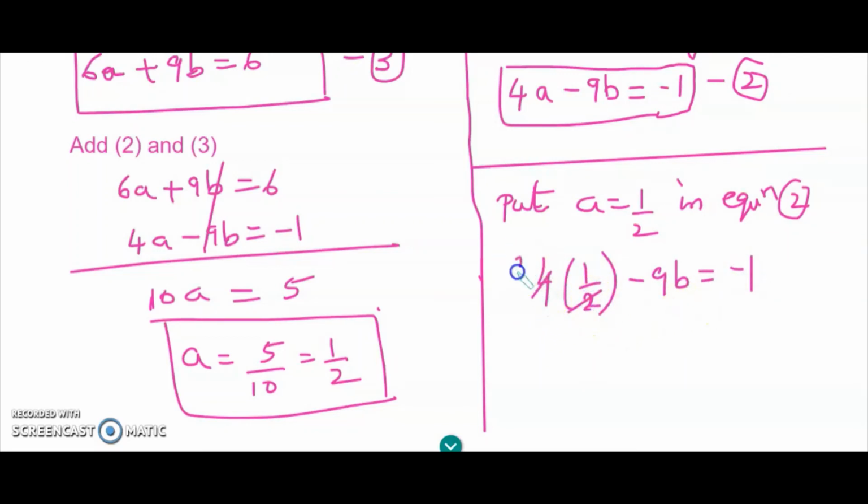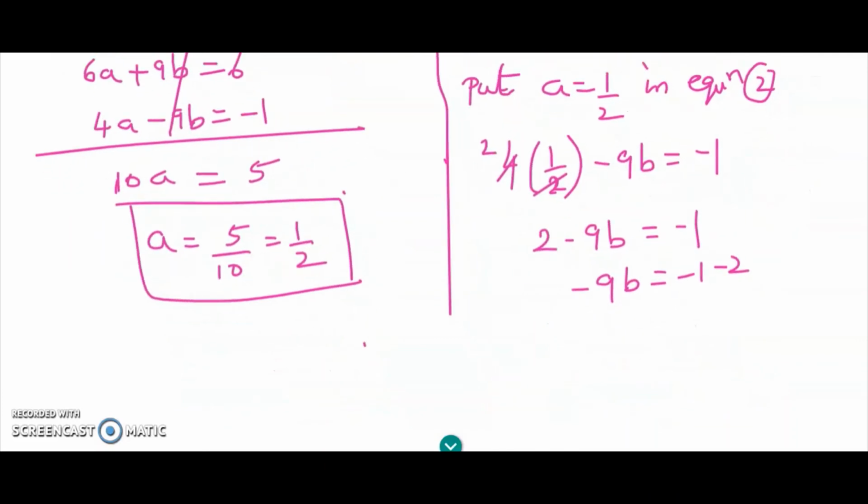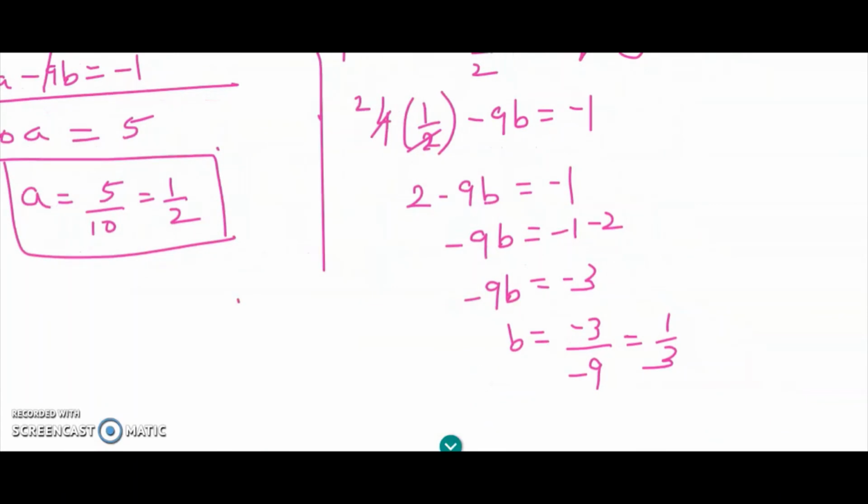So this cancels off and you get a 2. 2 minus 9b equals minus 1. When the 2 goes there, it will be a subtraction. So minus 1 minus 2. Correct? So that will become minus 9b equals minus 3. So b is minus 3 upon minus 9, which is 1 by 3. Am I clear?